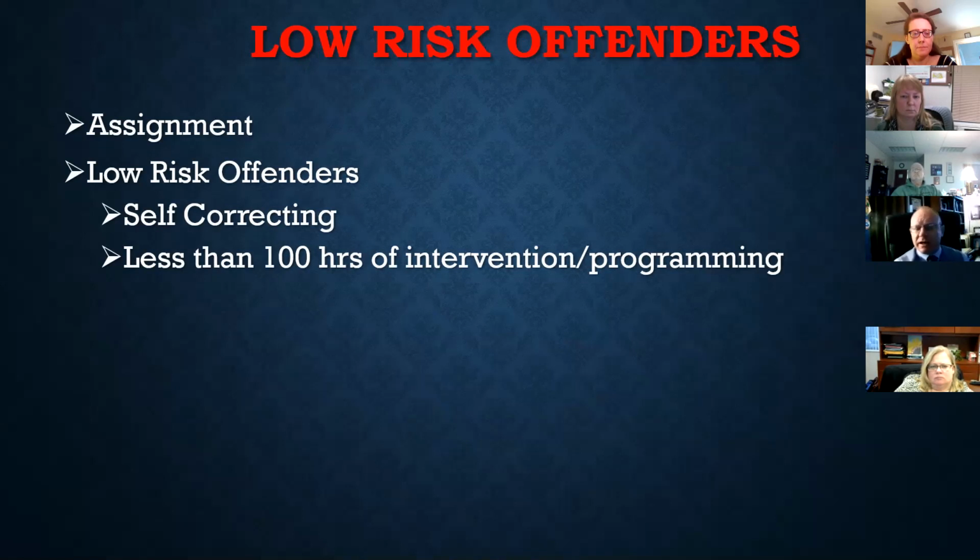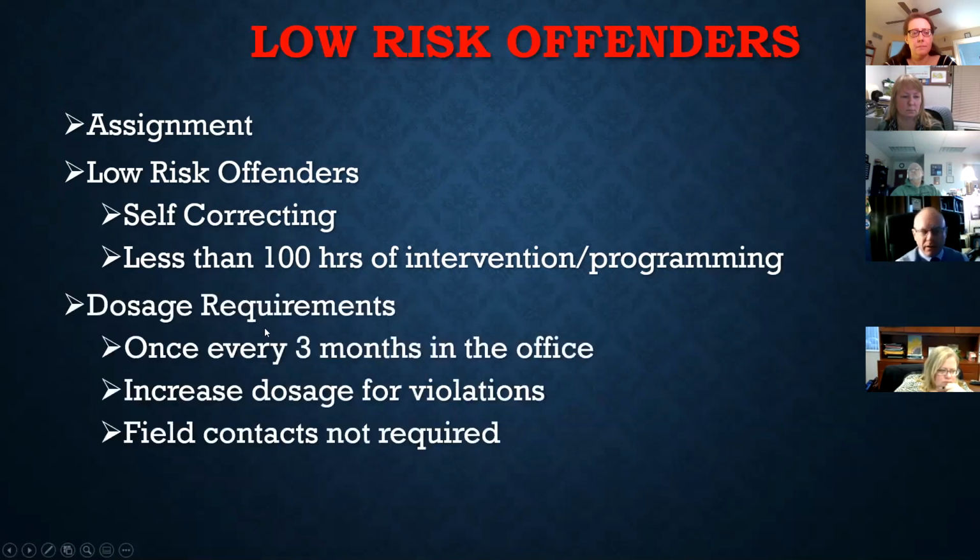Low risk offenders, again, they're self-correcting. Less than 100 hours of intervention and programming is not even required, but can be implemented for those that have really high needs. You could provide that program, but otherwise, a lot of the time you just don't really need to do anything with them in terms of intervention.